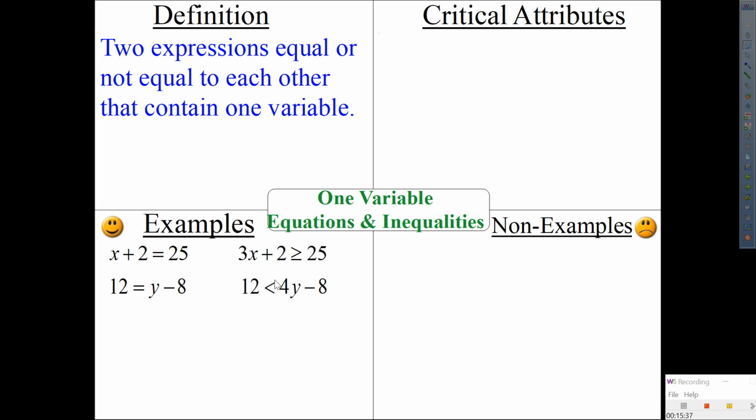This one, 12 less than 4y minus 8. Another, 2a equals 14. This one, 2a plus 8 less than or equal to 14. And the last one, negative 3 equals m divided by 4, and negative 3 greater than m divided by 4 minus 6.